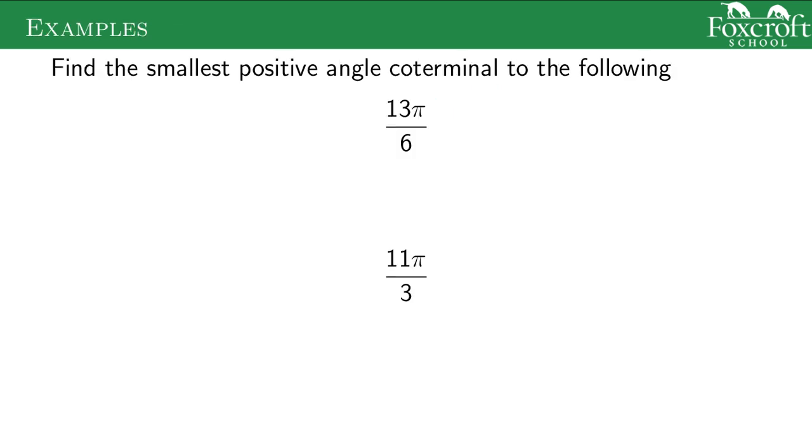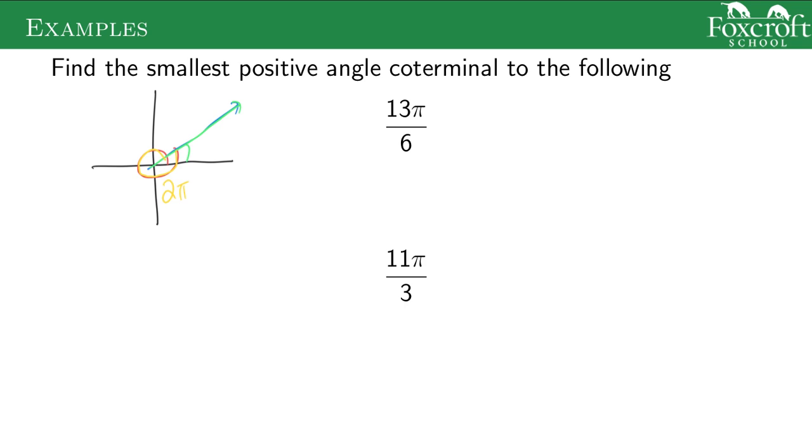If we want to find the smallest angle coterminal to an angle, think about that picture before. That's one angle, and that's another angle. What I can do is get rid of the extra revolution, and an extra revolution is 2 pi, because I've done a full circle.